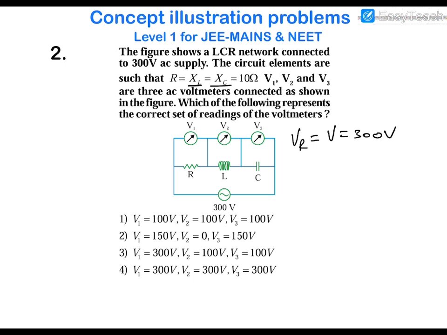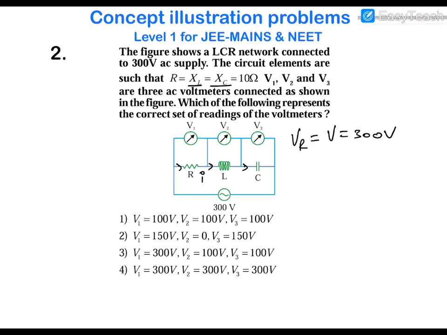And obviously we can say that the current through all of these elements will be the same because they are connected in series, and obviously we are considering these voltmeters as ideal, so there would be no current withdrawn into those voltmeters.